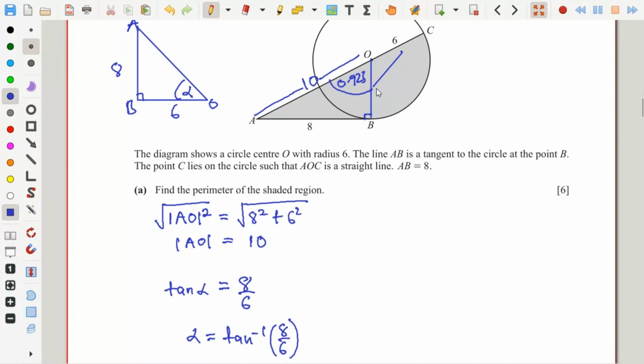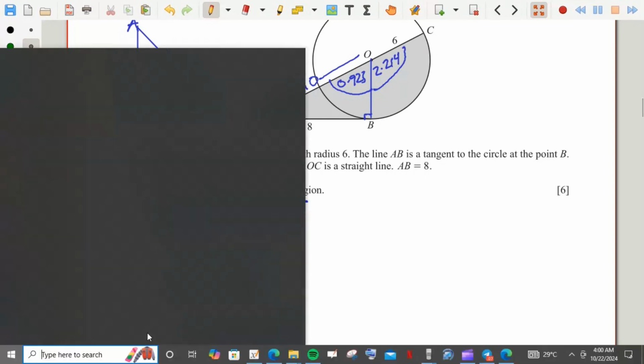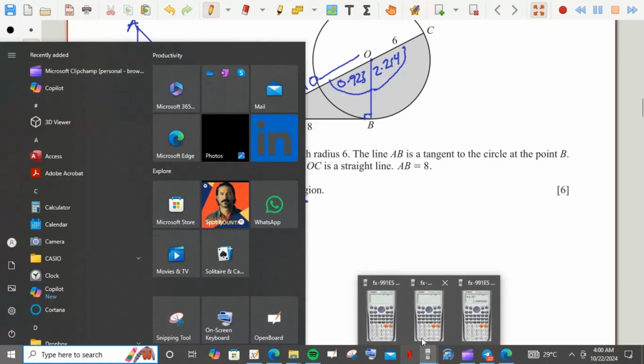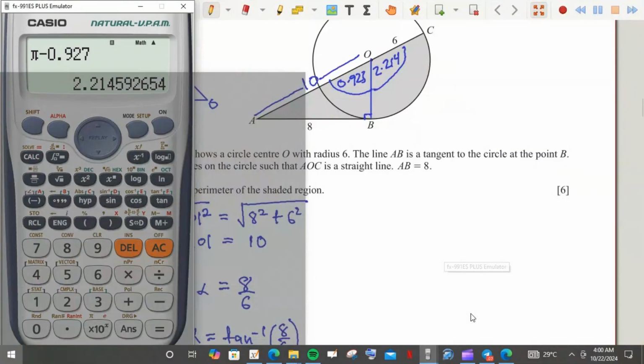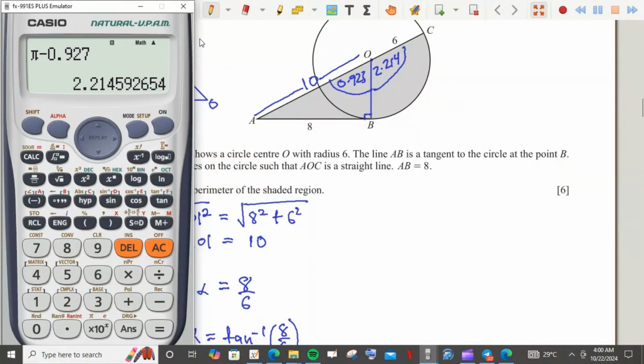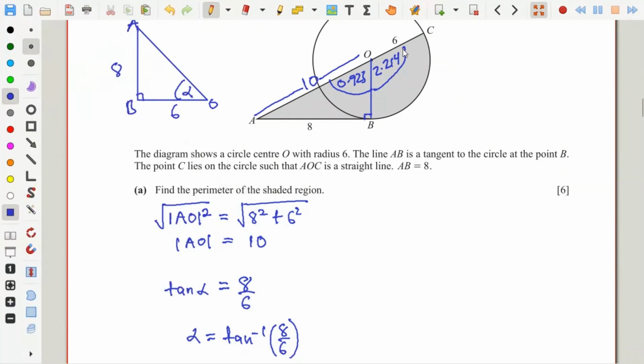Don't forget. So you got what? 2.214. Can I see? 1.5. Okay.